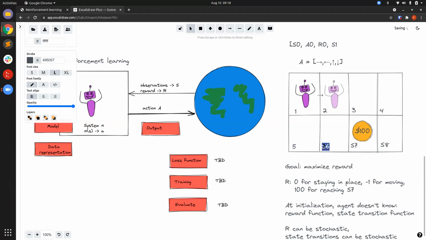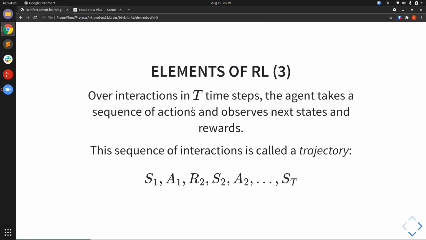Okay, so now I was in some state at time 0, I took action 0, I received reward 0. Then I was in state 1 at time 1, took action 1, received reward 1, all the way up to state t. So we have some sequence of states, rewards, actions. We can think of this as a trajectory.